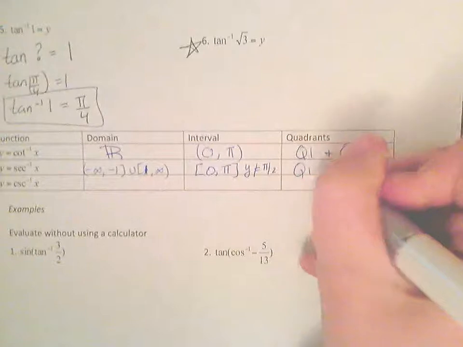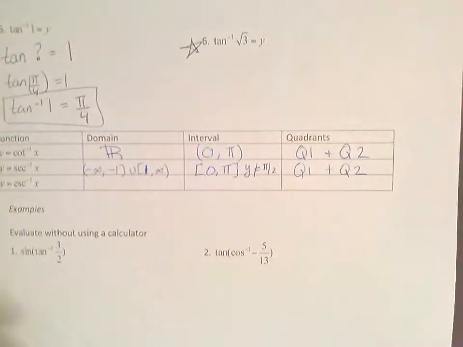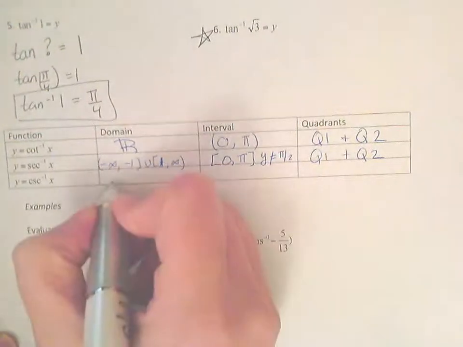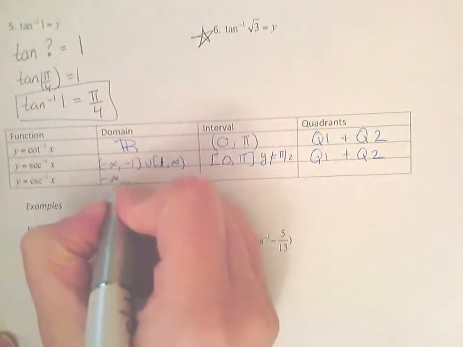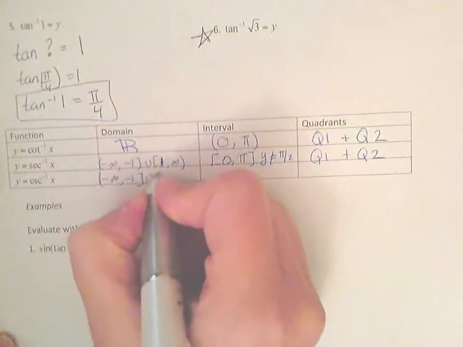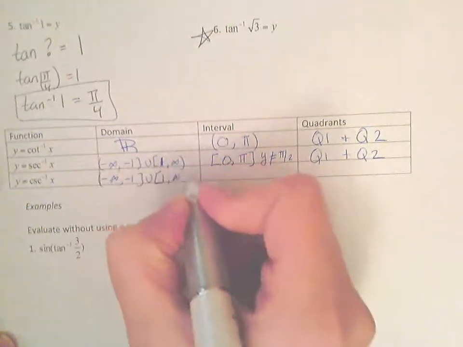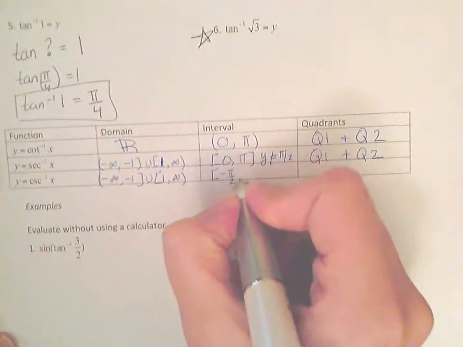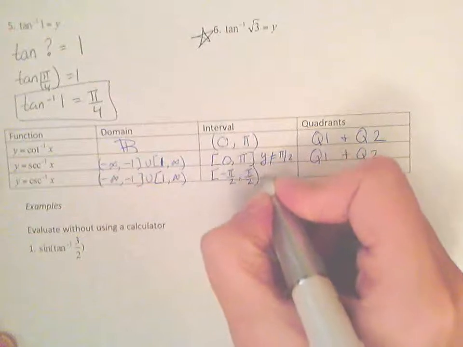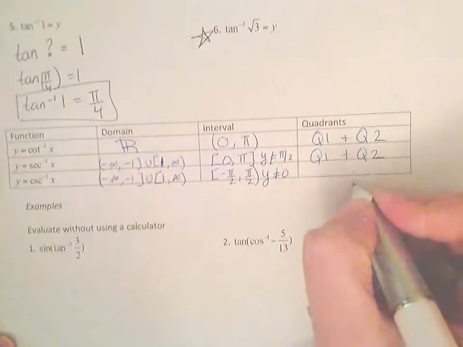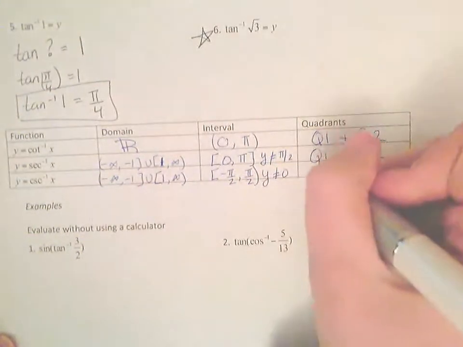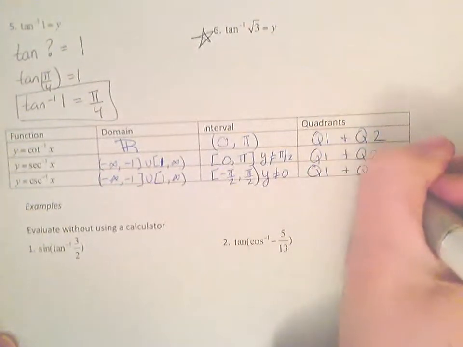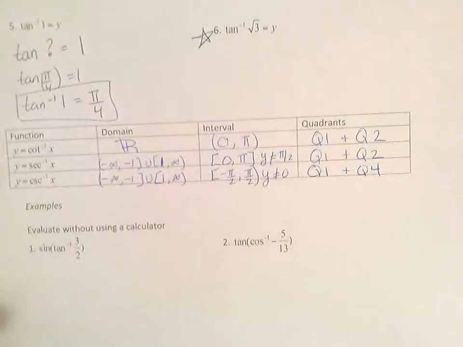And the 2 quadrants are Q1 and Q2, except y can't be pi over 2. And then the same goes for cosecant. But here, the interval is going to be from negative pi over 2 to pi over 2, but y cannot be 0 because that's our asymptote. And then Q1 and Q4 are our quadrants.